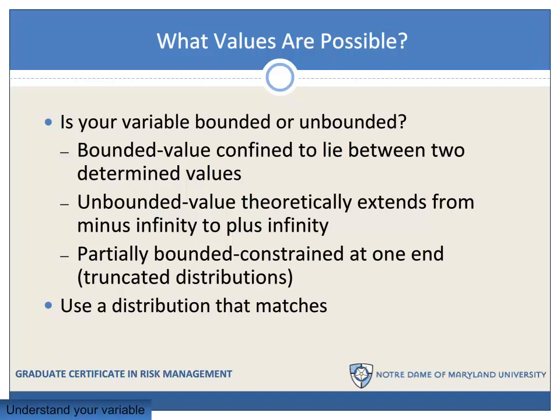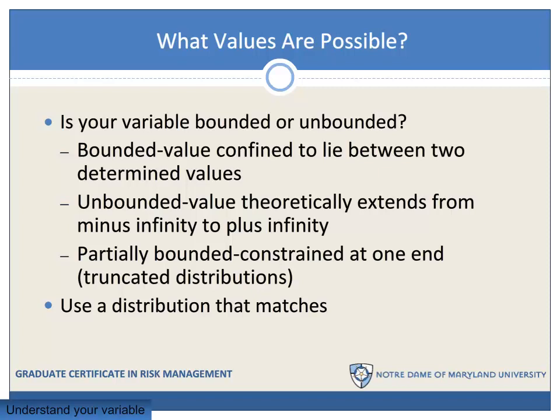After you've determined whether your variable is discrete or continuous, the next thing that you want to ask is, what values are possible for my discrete or continuous variable? And here what we're after in particular is to determine whether your variable is bounded, unbounded, or partially bounded. A bounded variable has a value that must lie between two determined values, usually a minimum and a maximum.